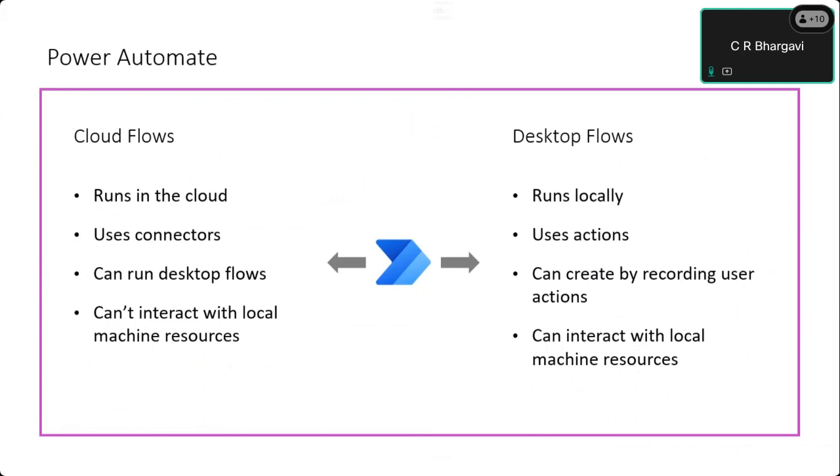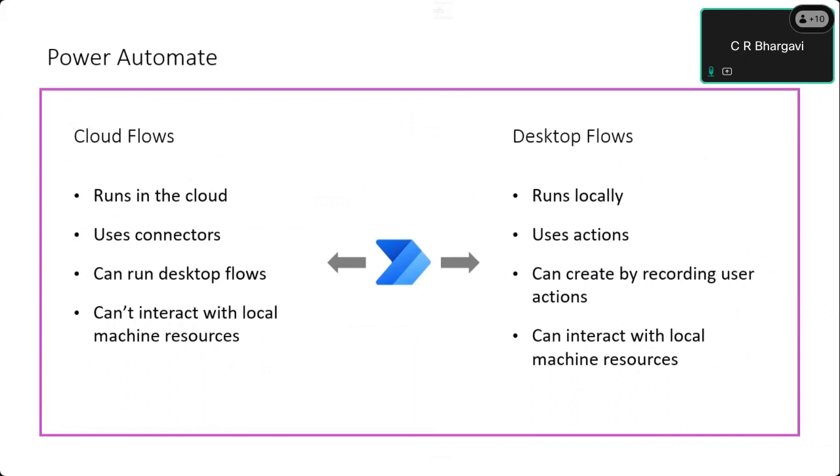So what we can do inside the desktop is record the actions that are being performed on the desktop, right? You can record the user actions, whereas you cannot do the same inside the cloud, but you can run the flows that were developed under the desktop over the cloud.